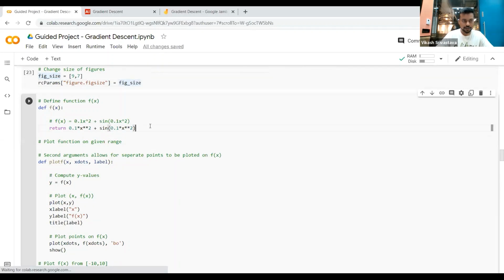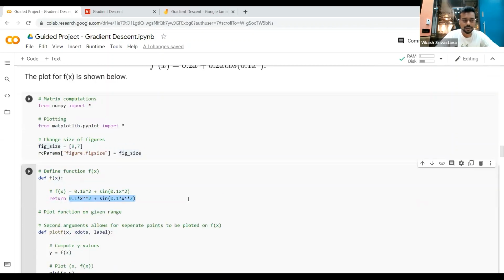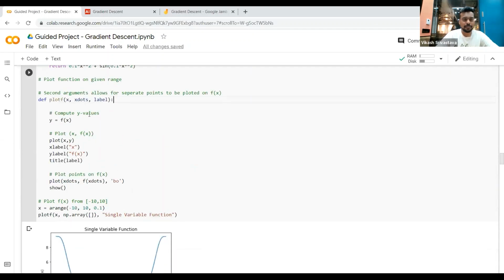Here I'm writing a function which I'm calling f, and this function takes the argument or input x, and it returns this particular function which I have written here. Now I have written another function, plotf, which is just to plot the function. You don't have to worry about it much.